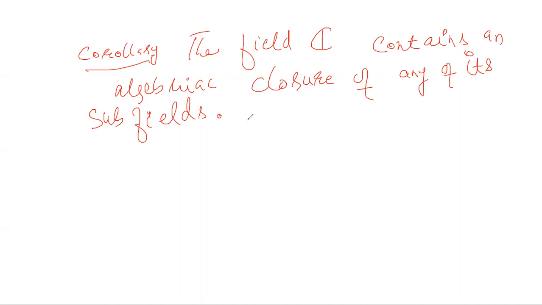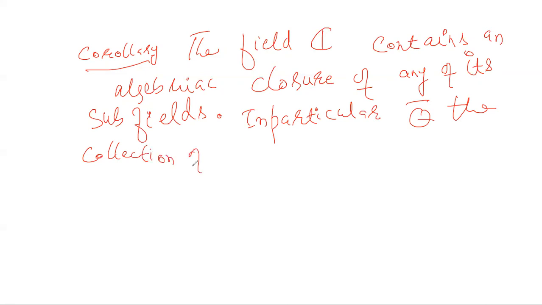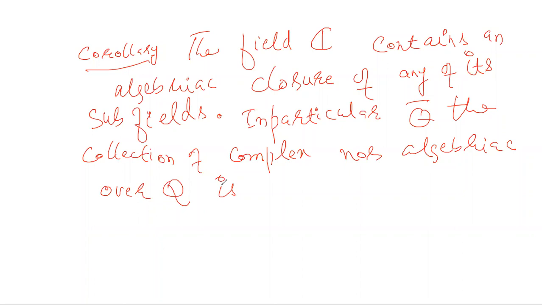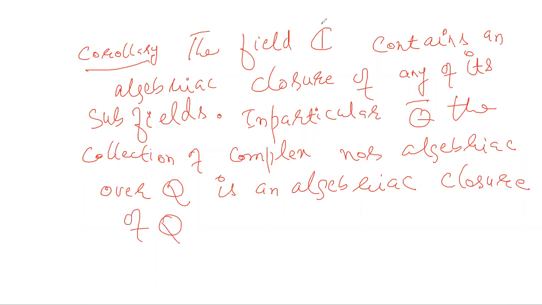In particular, Q bar, the collection of complex numbers algebraic over Q, is an algebraic closure of Q. The field of complex numbers is algebraically closed because of the fundamental theorem of algebra.